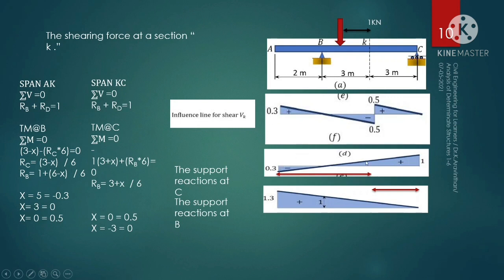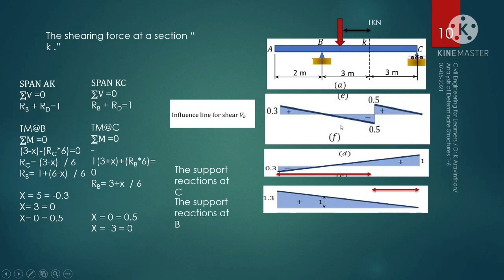So this portion I will be taking 0.3, 0 and this will be 0.5 and this will be 1. So 0.3, 0, 0.5. I have to change the sign. So if this is 0.3 minus, I have to take 0.3 plus, and if this is plus 0.5, I have to take minus 0.5 under the place of load.